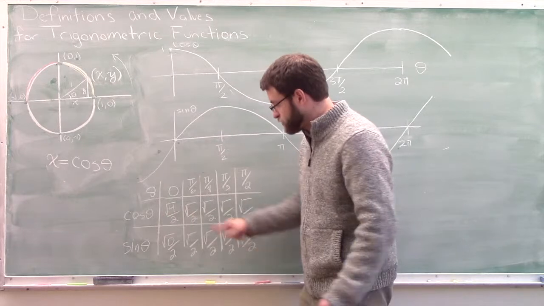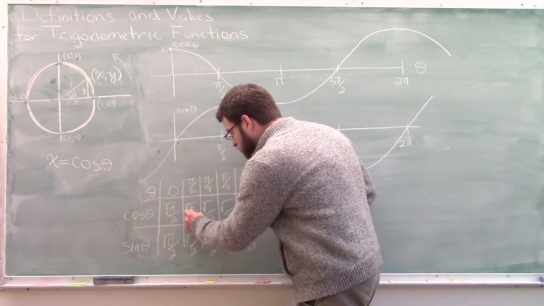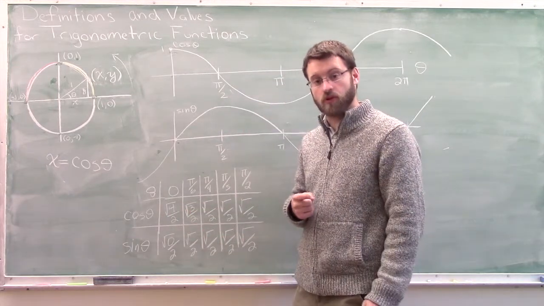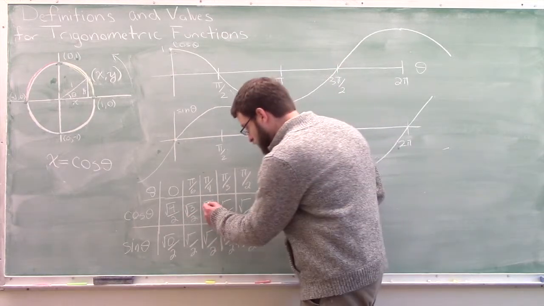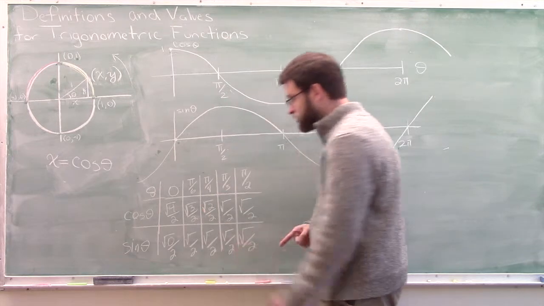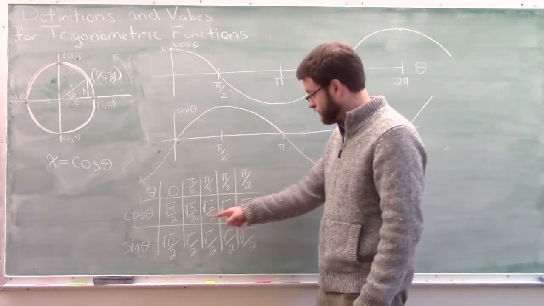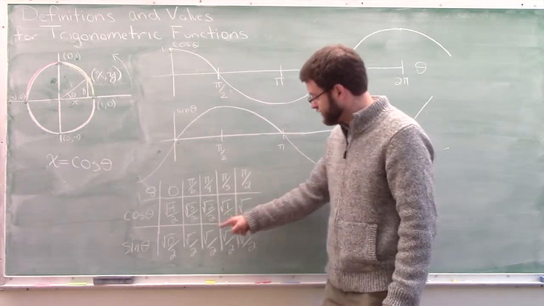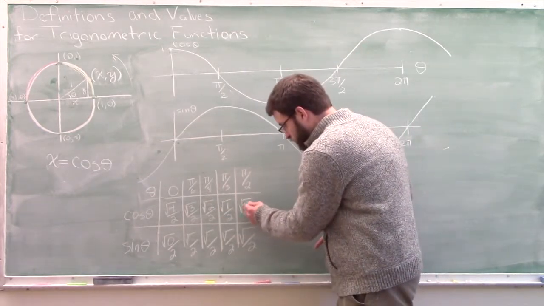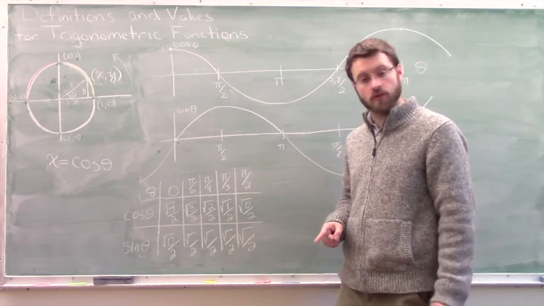So at the next special angle, the value of cosine is the square root of 3 over 2. At the next special value, pi over 4, the value of cosine is square root of 2 over 2. The next value, we see square root of 1 over 2. And at the next value, we see square root of 0 over 2.